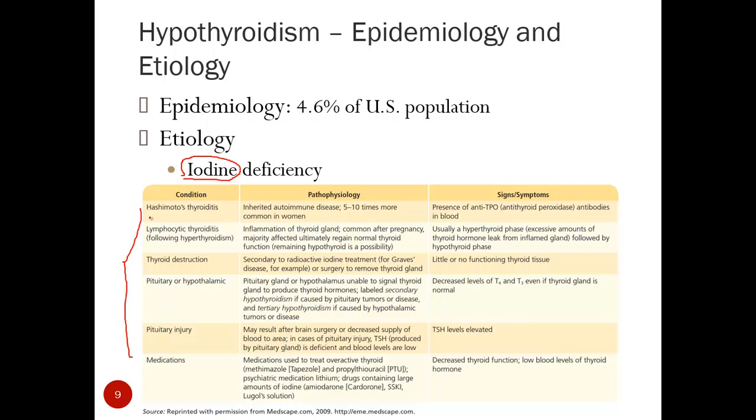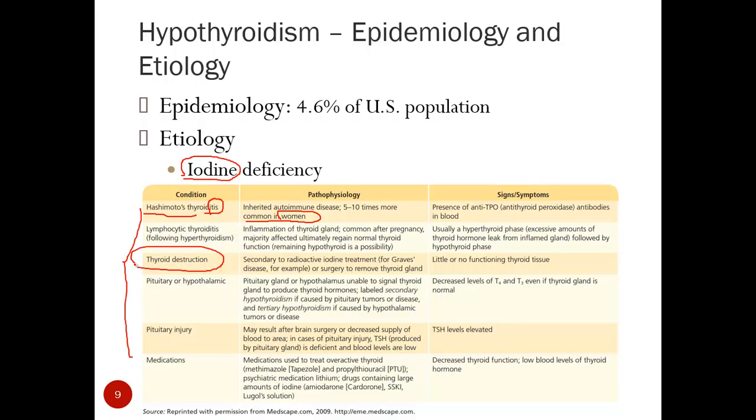For example, there is an inherited autoimmune disease called Hashimoto's thyroiditis. This condition affects women disproportionately more than men. As a result of the inflammation caused by the autoimmune condition, we will have decreased thyroid function.